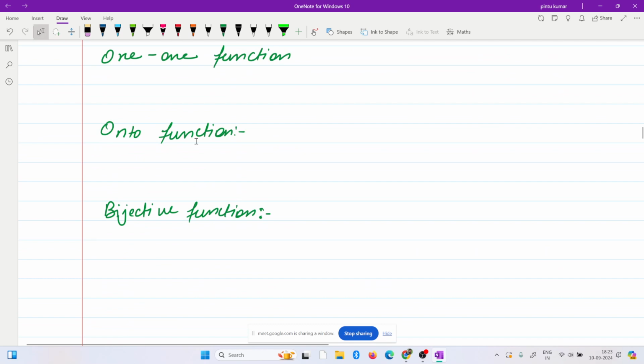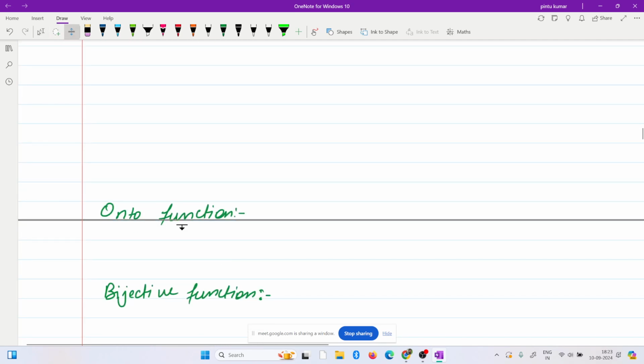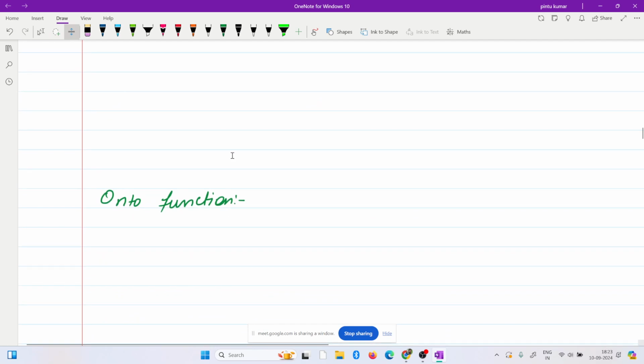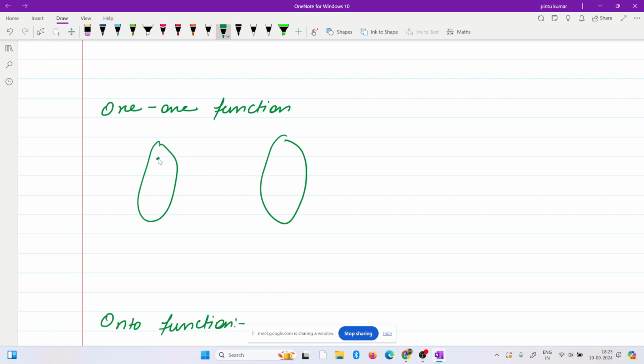Okay, then we have a class of functions called one-one function, onto function, and bijective function. We'll quickly go over it. So you might have seen these kinds of diagrams in your school when you denote a function. So in a function, these are your x or the domain.